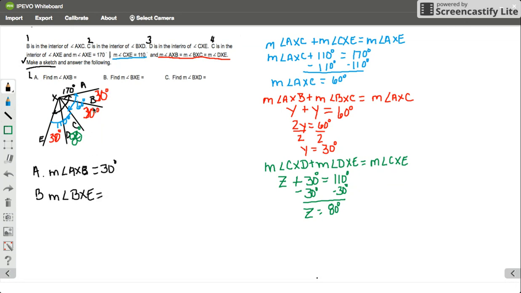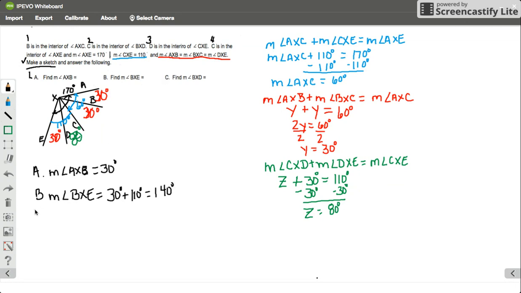So when we look, BXE is these pieces. We know that BXC is 30 degrees. We can use our angle addition. We know that CXE is the 110 degrees. And when we put that together, we get 140 degrees.